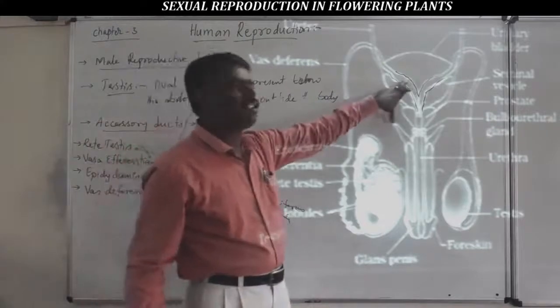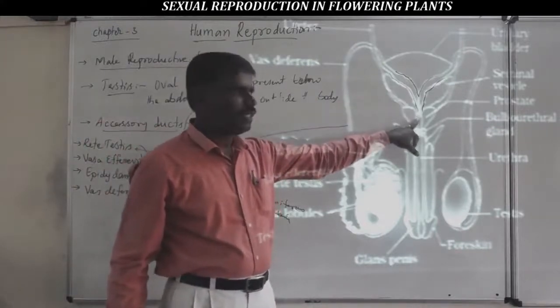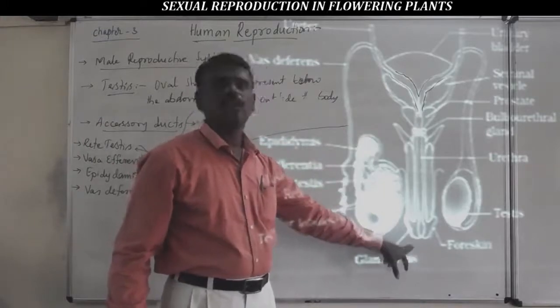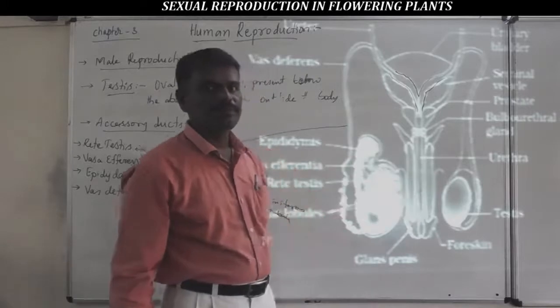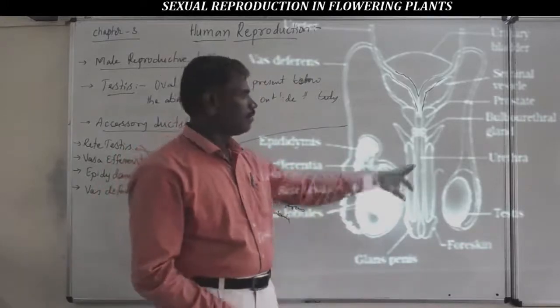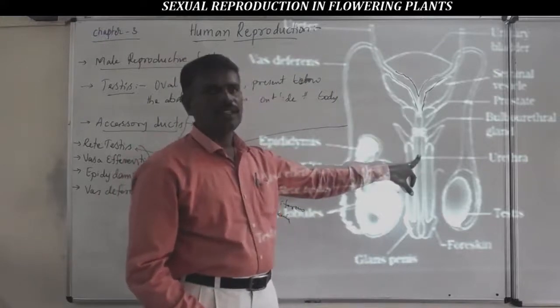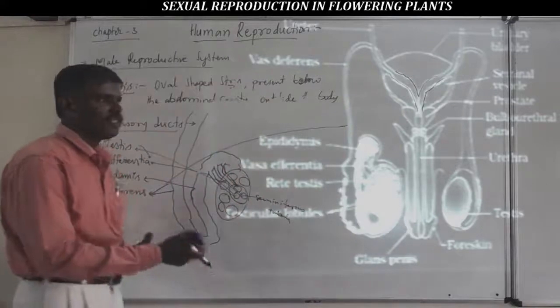The ampullary region of the vas deferens joins the urethra present in the penis, in the external genitalia.